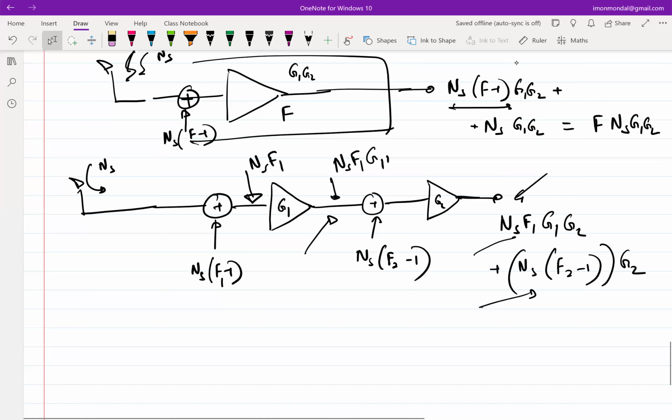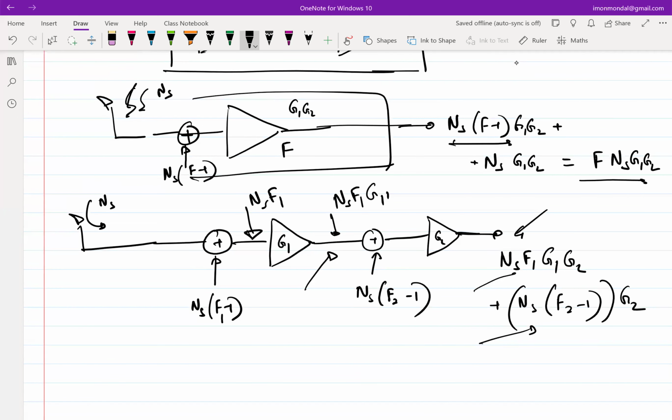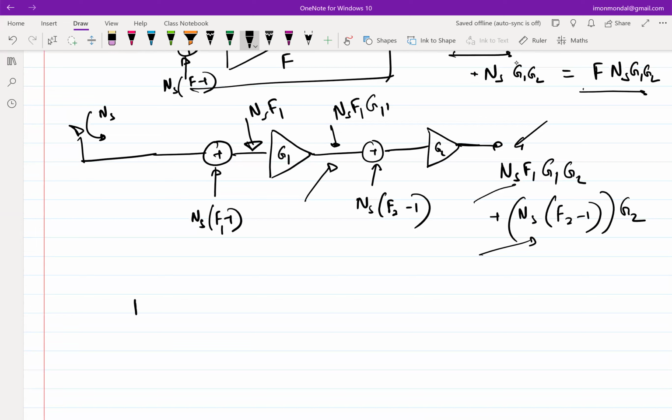So what I am trying to equate is what is the value of F for which these two are identical. Essentially, F times NS times G1, G2 will be equal to F1 times NS times G1, G2 plus F2 minus 1 times NS times G2.